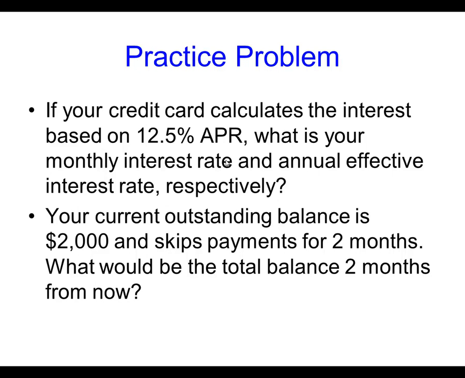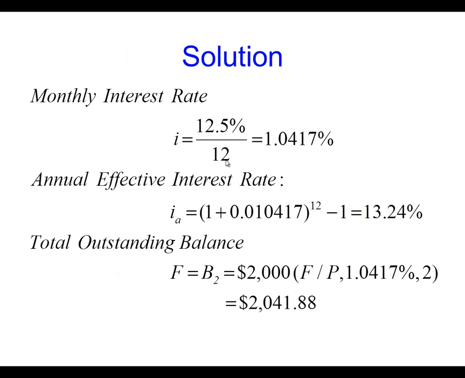Now let's see the solution for this problem. The effective annual rate, IA, will equal 1 plus 0.010417, and that's the interest, all to the power 12, and that's the number of periods, n, all minus 1.